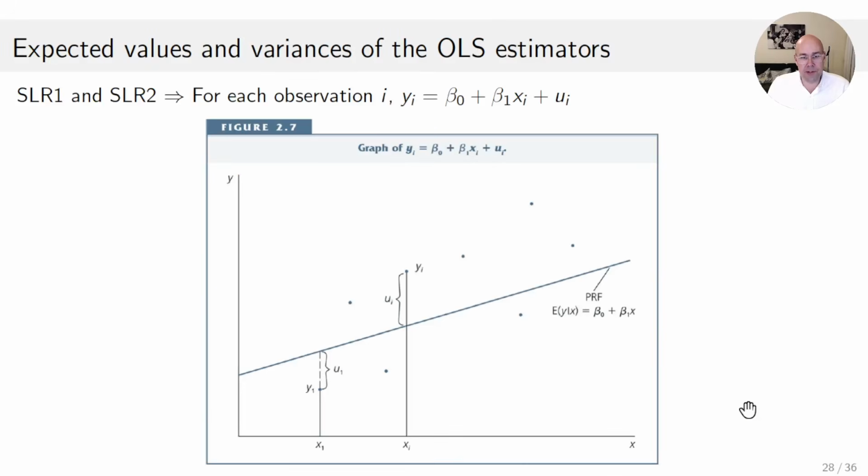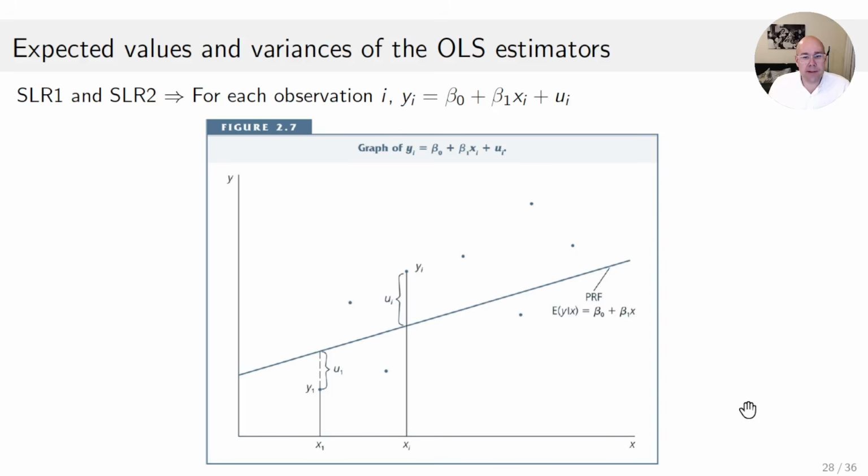These two assumptions, SLR1 and SLR2, imply that for each observation y_i is beta naught plus beta 1 x_i plus u_i.